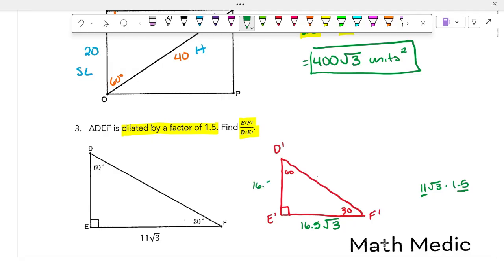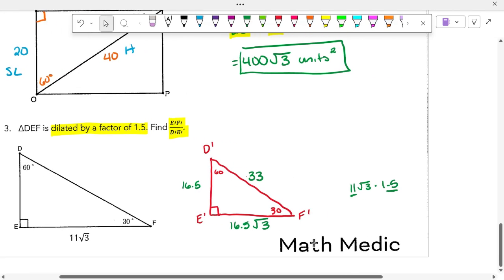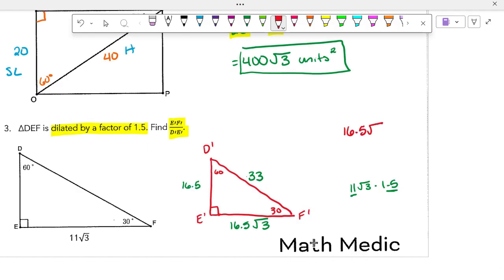What would my long leg be? 33. So they want EF prime over DE prime. So this would be 16.5 square root 3 over 16.5. So if I simplified it down, what do I get? The square root of 3. Good.